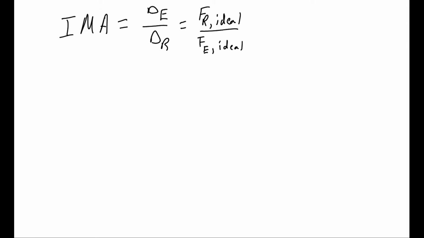So that'll be given if you want to figure out the maximum load you could possibly lift with this machine at a certain force, or what's the minimum force required to lift a certain load. So these are the forces not including friction. And then we've got AMA equals resistance force over effort force, and those are both the actual resistance force and effort force.